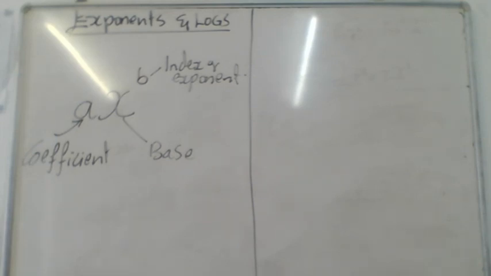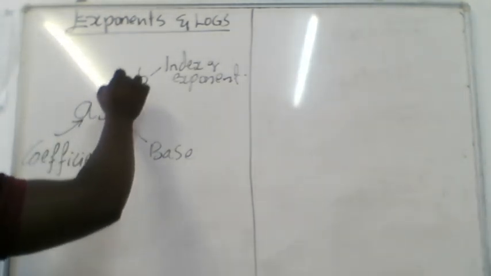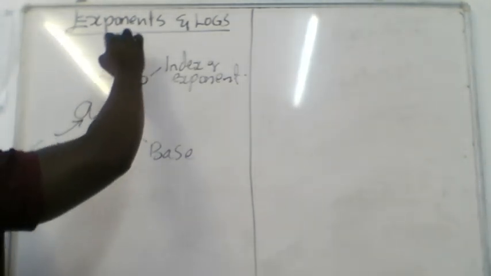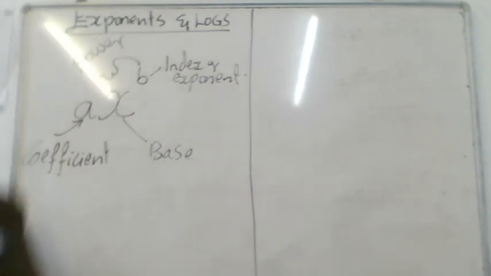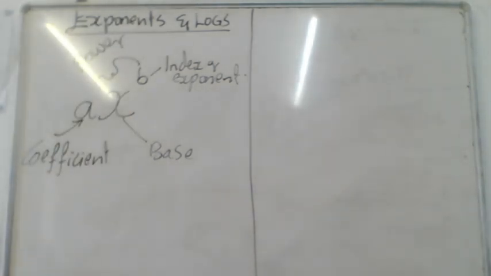The whole of these forms what we call exponent. The whole system of x and b, these two, form what we call power. I hope we are together.